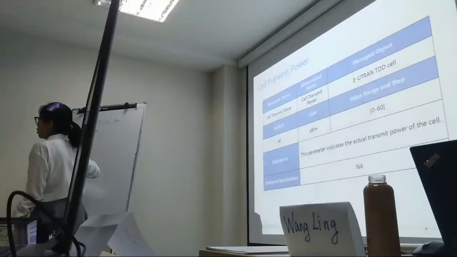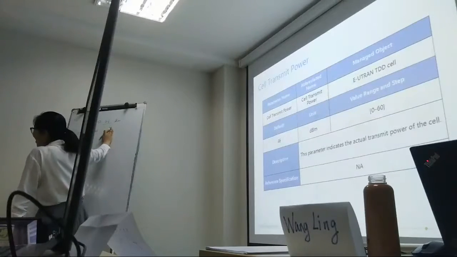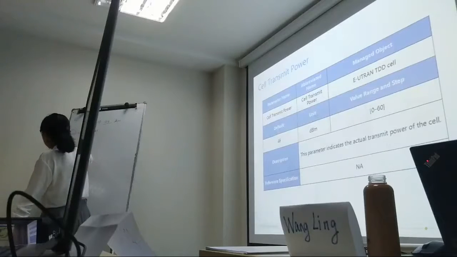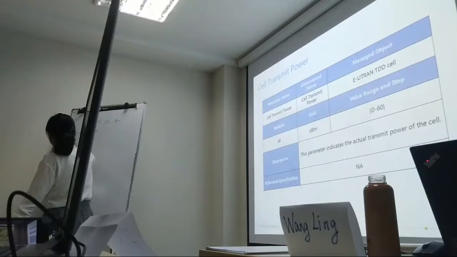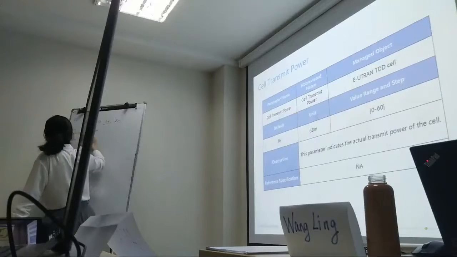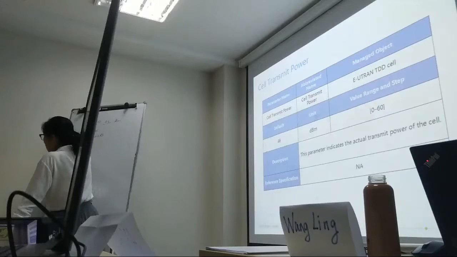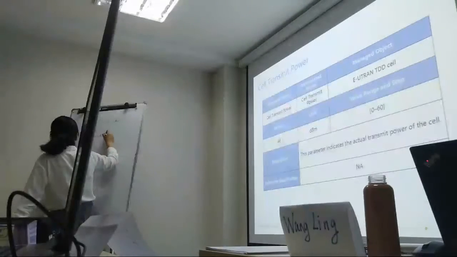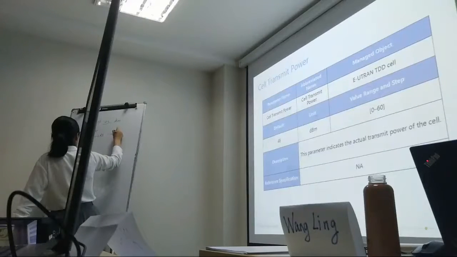So 10 watts is 40 dBm. If we use 20 watts, that means double, and double means add 3 dB, so 40 dBm plus 3 dB is 43 dBm.